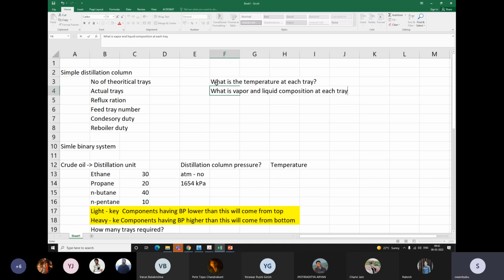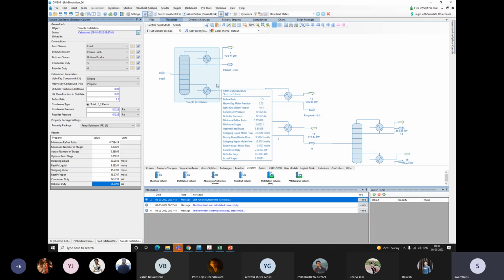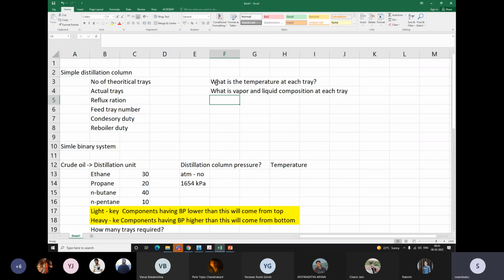If you want to use multiple feed streams into the distillation column, again we can't use the simple distillation column.